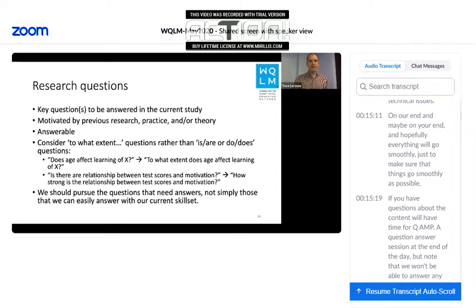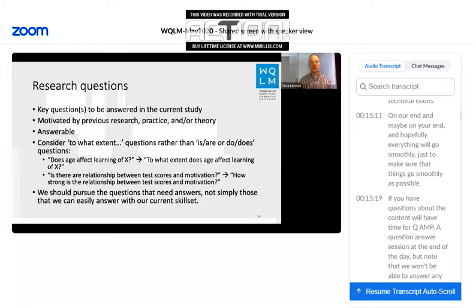And then I think it's important to think about the questions that need answers, not just the questions that we can currently answer. Oftentimes we'll think about the questions that really matter and maybe find that our current skill set falls short.